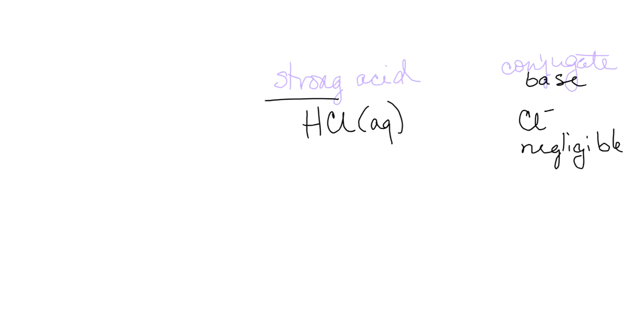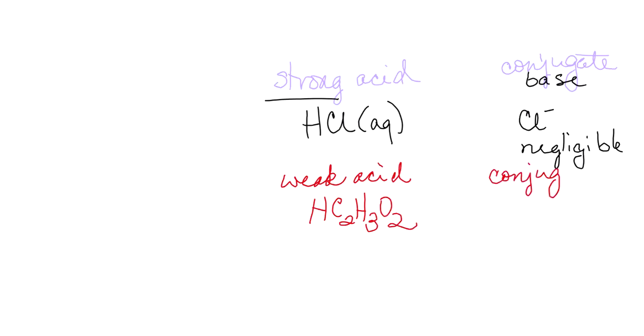Okay. What happens if we have something more along the lines of a weak acid? So let's take a weak acid like acetic acid. If we have a weak acid, then the conjugate base is also weak. So strong to negligible, weak to weak.